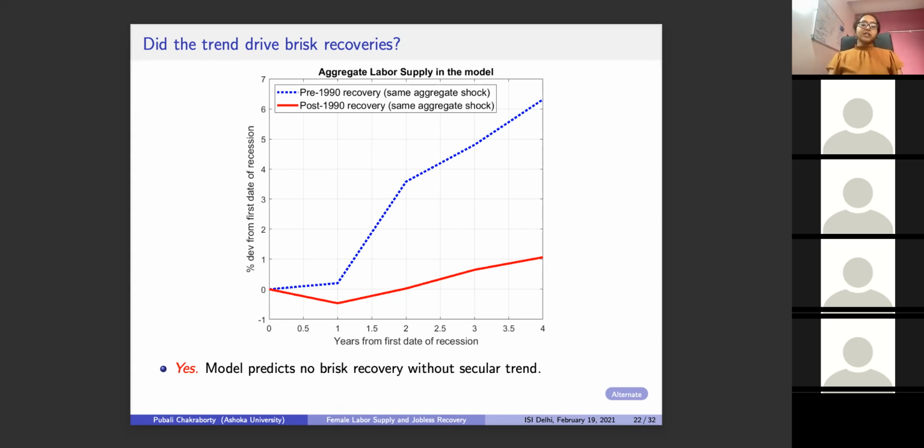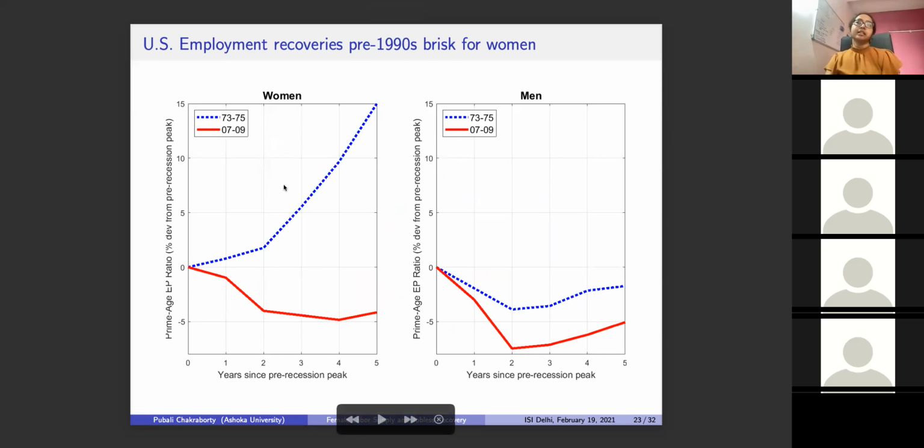Now, as we saw in the data counterpart, this was primarily driven by women. This is what the data showed, that this was primarily driven by women, not much really changed in terms of men.